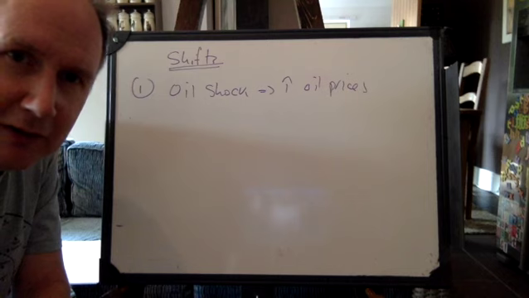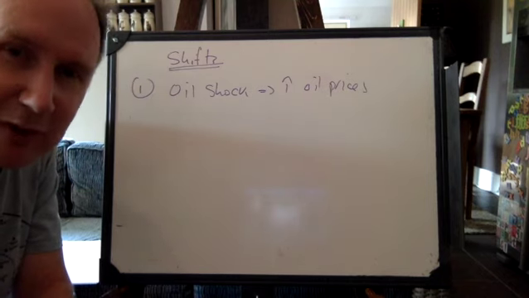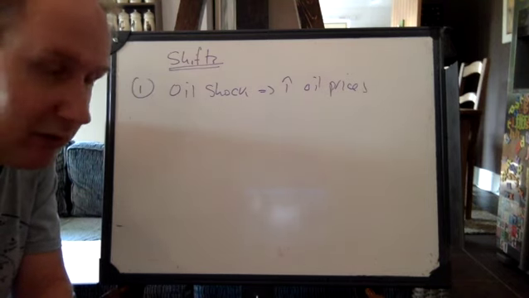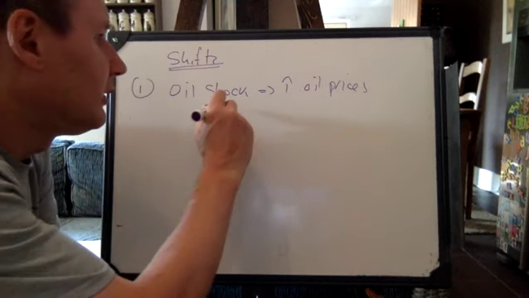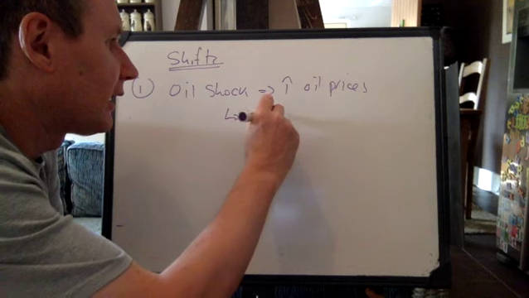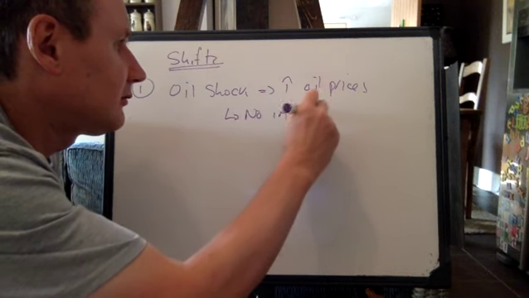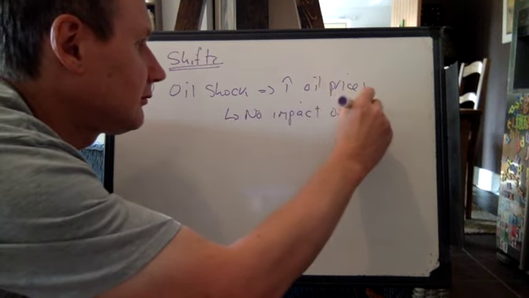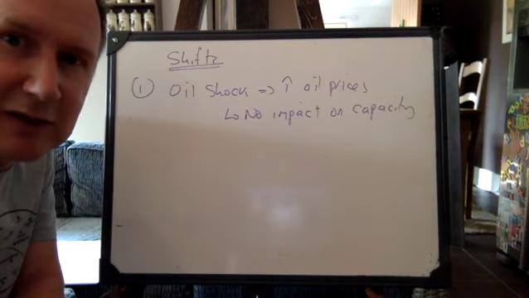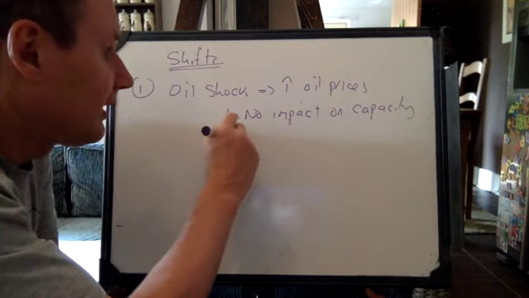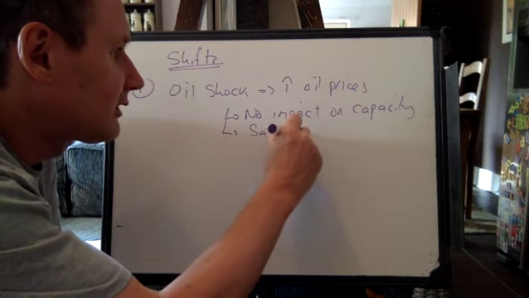No one died, the same amount of land is available, and we have the same amount of capital equipment and infrastructure and so on. So there's no impact on capacity. The glass is the same size as it was before. Our potential is the same.